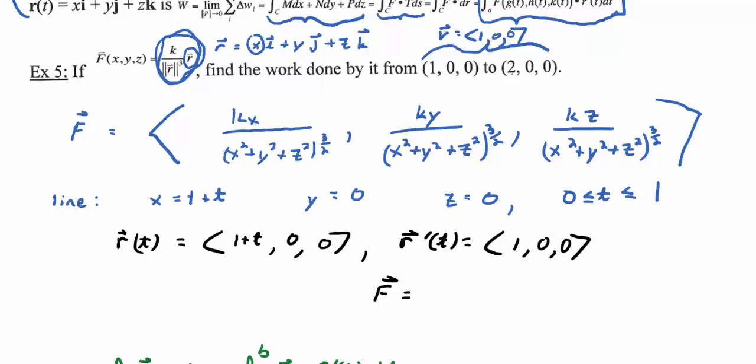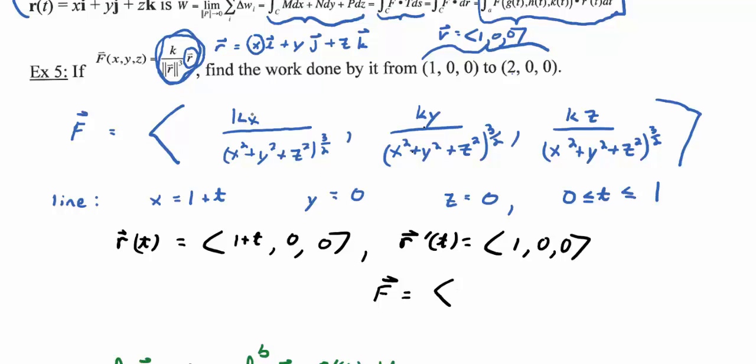Using the fact that you know what x is in terms of t, what y is in terms of t, and what z is in terms of t, what happens to these components over here? They zero out, right? You get 1 in the denominator and 0 in the numerator. So it just becomes what?